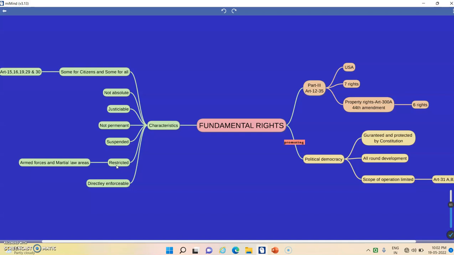And the next one is that most of the fundamental rights are directly enforceable, but a few of the fundamental rights can be enforced on the basis of a law made for giving effect to them, due to Article 35. In this way, fundamental rights have special features compared to other countries' fundamental rights.